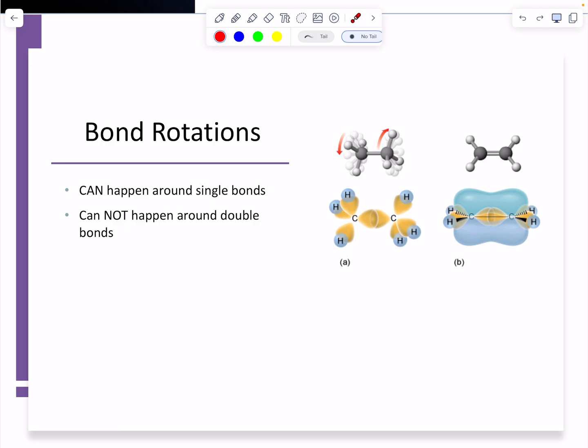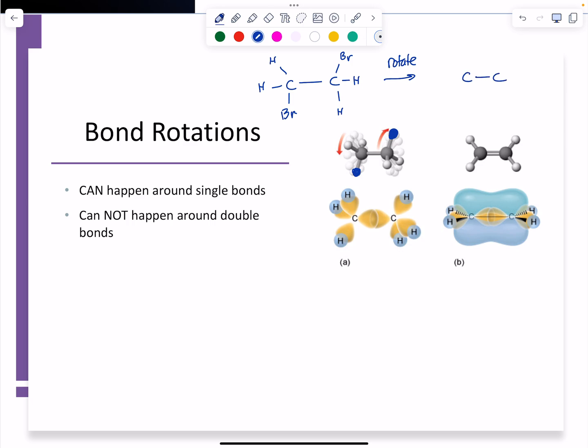So when we talk about bond rotation, let's just imagine that this atom right here is a different element, let's say it's like a bromine or something. When we talk about bond rotation about a single bond, if I'm looking here and I've got my 3 things that are attached, when I say that I can rotate, it means that, in space, these things can change position.